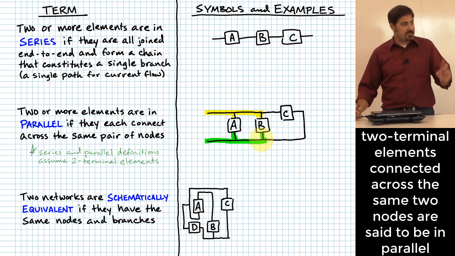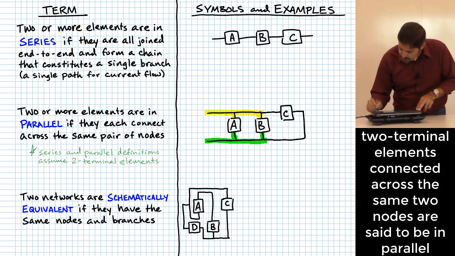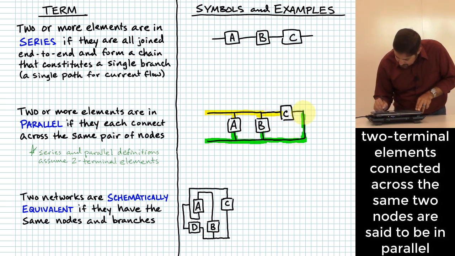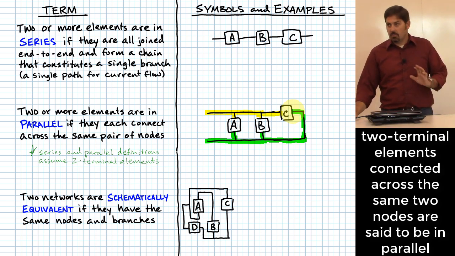And the meaning is it's connected across the same pair of nodes. So what you want to do is go in and say, well, that node really extends to there, and this node really extends around up to there. So is C also connected across the same pair of nodes as A and B? It is, and so C is also in parallel with A and B for this alternate circuit that I've just drawn.